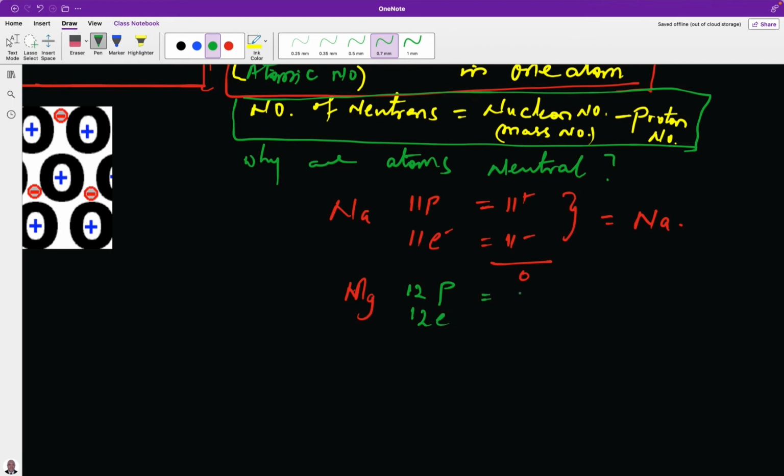Again, protons are positively charged and electrons are negatively charged. If we add up all this, our total will be a neutral atom. So that's why we said atoms are neutral: the number of protons and the number of electrons are equal and they cancel out each other.